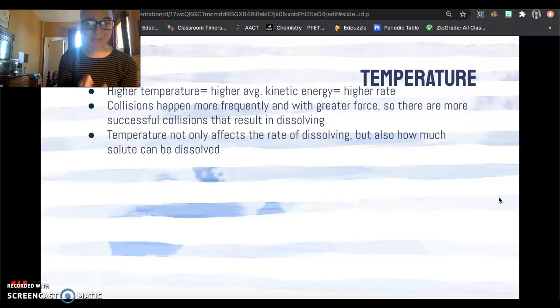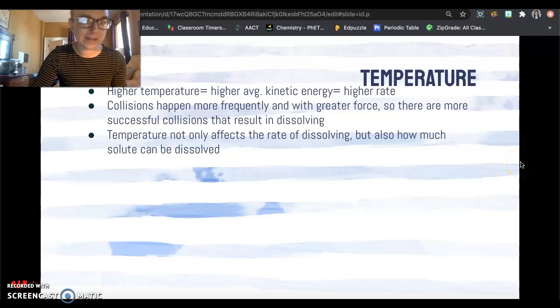Temperature is also something that will affect the rate. It will also affect how much you can actually dissolve, which we'll talk about a little bit later in terms of solubility. In general, a higher temperature means a higher average kinetic energy, which leads to a higher rate of dissolving. One exception would be gases. To dissolve gases, if we increase the temperature, then those gases can escape into the atmosphere out of the system.